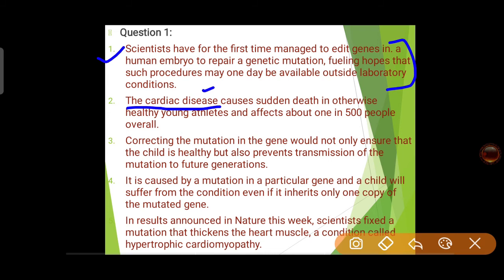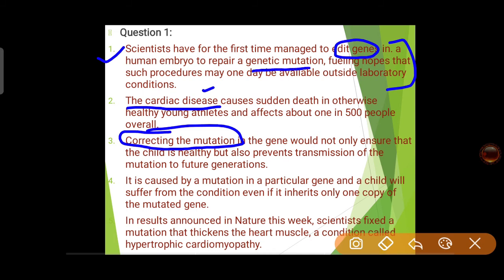Correcting the mutation in the gene would not only ensure that, again we are talking about editing genes, and here correcting the mutation means now scientists somehow managed to correct that genetic mutation.